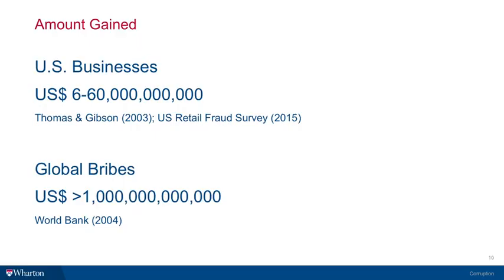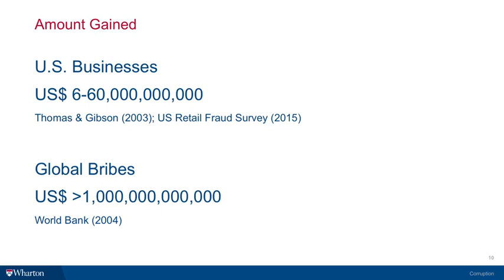But very serious social scientists have been doing some really interesting work to try to figure out if we can put some value next to how much the abuser or misuser is gaining from the abuse or misuse of office, of trust or authority. Just with respect to businesses in the United States, and it would be great if we had this data for the entire world, but we don't.